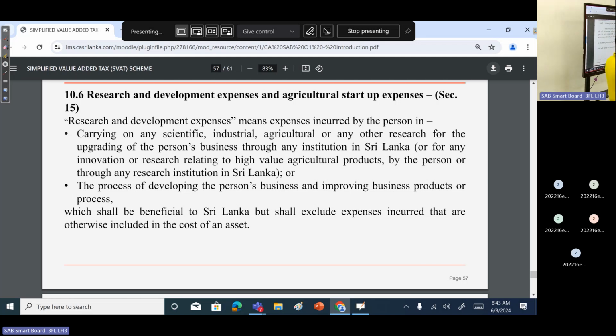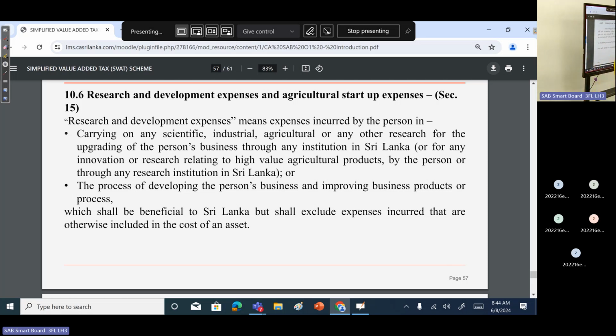So in the process development, the research project, we may have already invested in purchasing some assets. So that asset we cannot include here. That is the meaning. That asset we cannot deduct here.